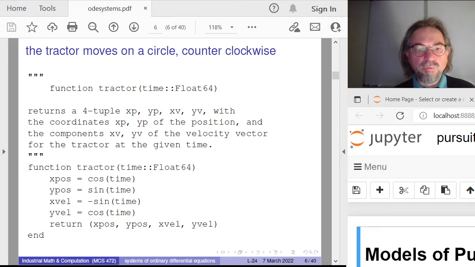So this function will return the position of the tractor and the velocity as a four-tuple at any time. So this is a helper function that we will use then in the definition of the right hand side to define the differential equation that models the movement of the trailer.